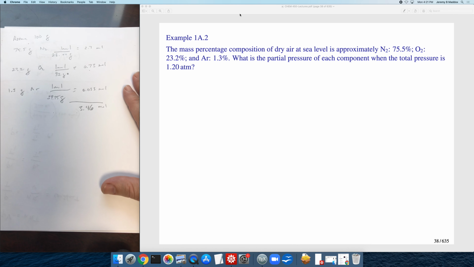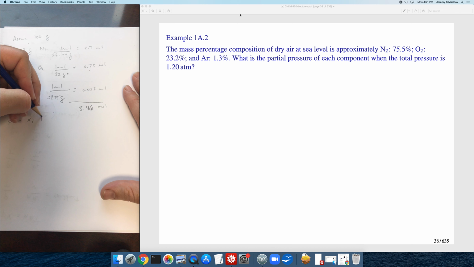Now we can calculate the mole fraction of each component, and then we can use the expression Pi equals the mole fraction times the total pressure, like so. So we'll do the partial pressure of the N2.